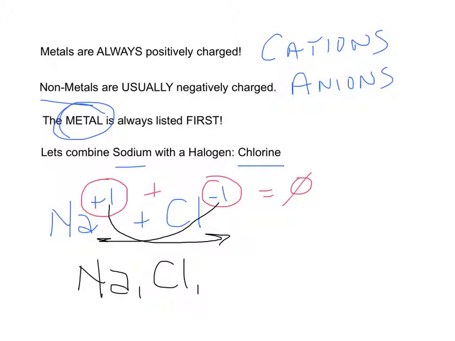But since it's a 1, we do not have to write that, so we can get rid of those right here, and this just equals sodium chloride. Okay? So all I end up doing here is just writing sodium chloride, and I have a 0 charge on it, and that would be my answer.